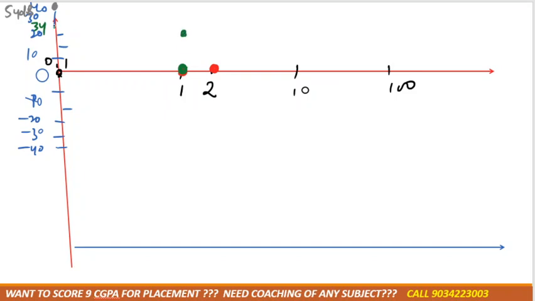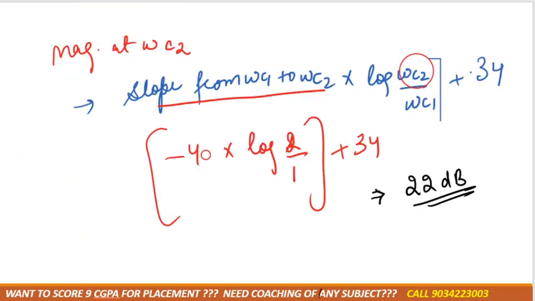One point is there. Then we'll connect it, and as its slope is decreasing, it would be minus 20 dB per decade, right? Next we calculated the magnitude at omega C2, and we got it as 22 decibels.